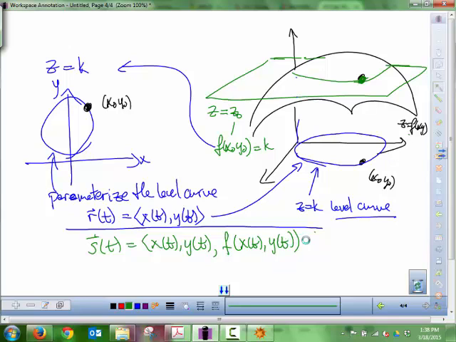Right? Or you can even think about it as f of r of t, because r of t is x of t, y of t, and that's just a vector or point that goes into the x, y components.